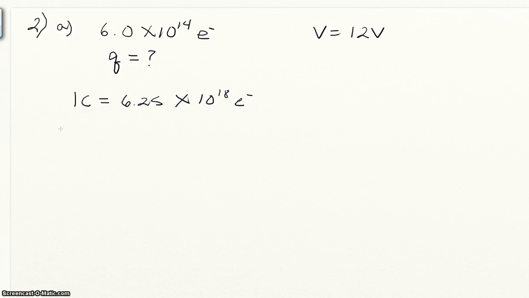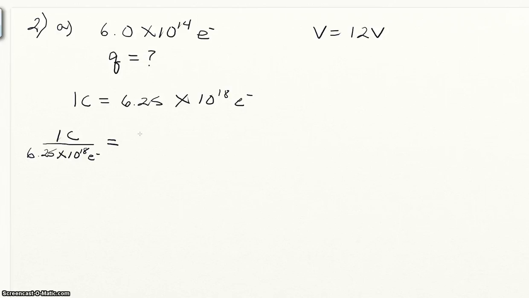And so here's how I set it up. I set it up as an equivalent. So I said 1 coulomb of charge, I have 6.25 times 10 to the 18th electrons. And that has to be equal.